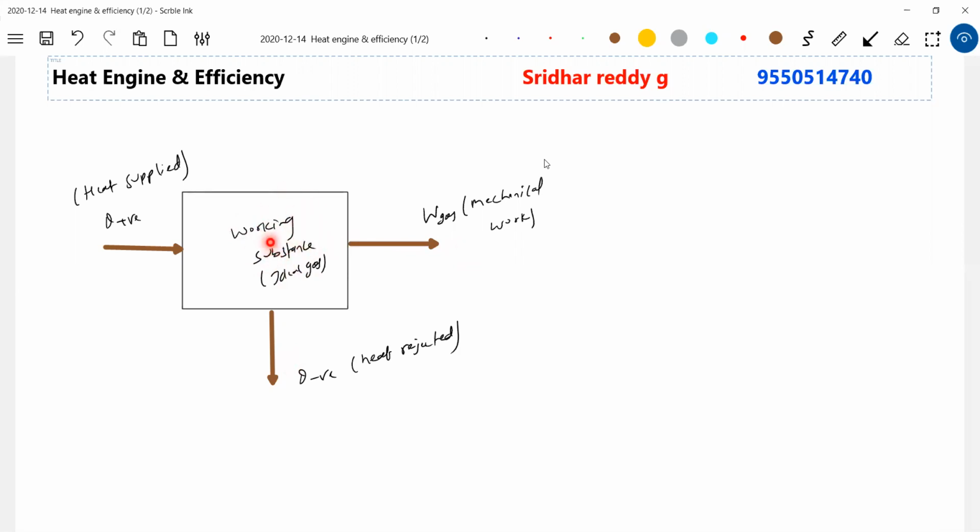Tell me, which is useful, mechanical work or heat rejected? Mechanical work. So this is what is useful, or you can call it the output. And what about this? This is the input.